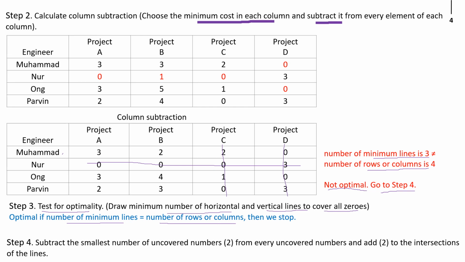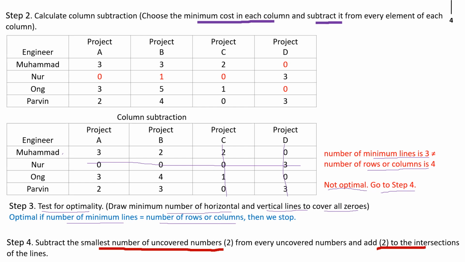Step 4 is to subtract the smallest of the uncovered numbers from every uncovered number and add it to the intersections of the lines.